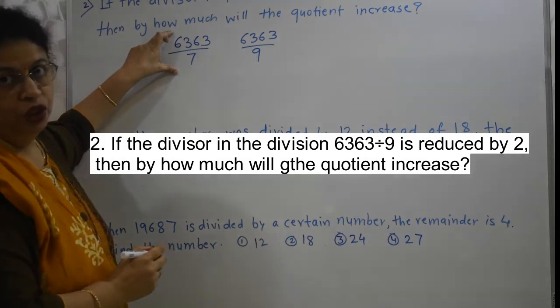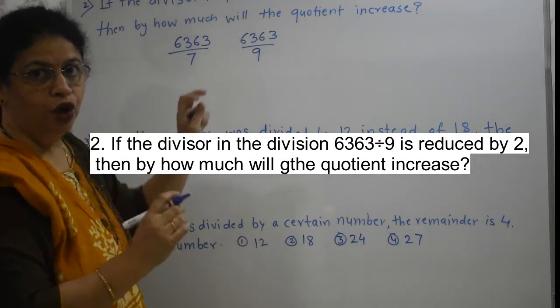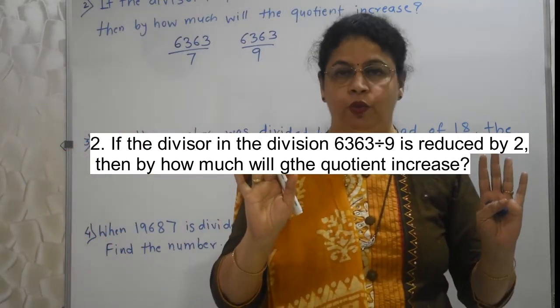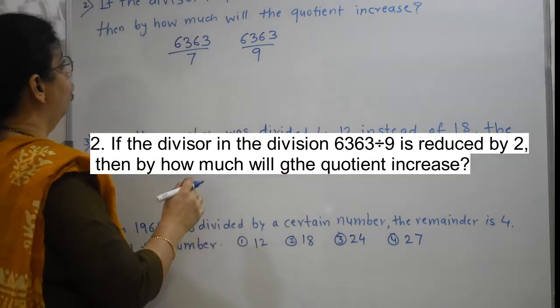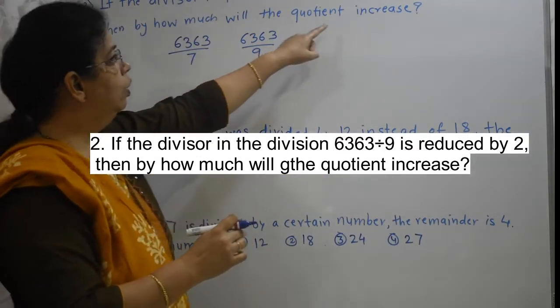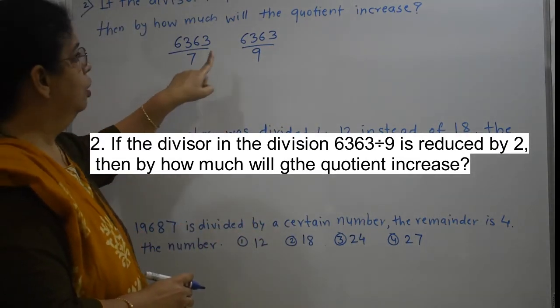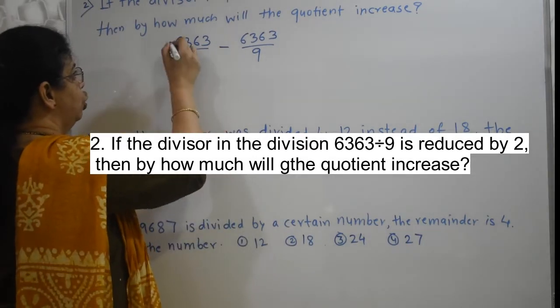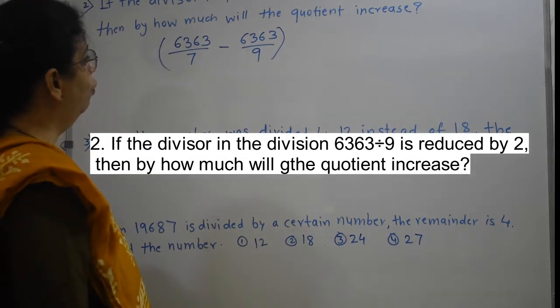After doing the division, we will get a quotient here as well as a quotient here. We are not arriving at the quotient yet. We are just writing in the form of a division. So they want by how much the quotient will increase. This quotient will definitely be bigger, so I have written it first. They want the difference. In short, they want the difference. What can I do?